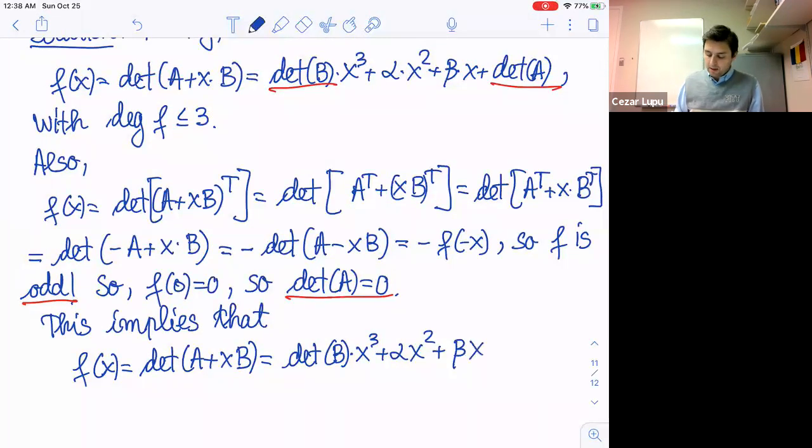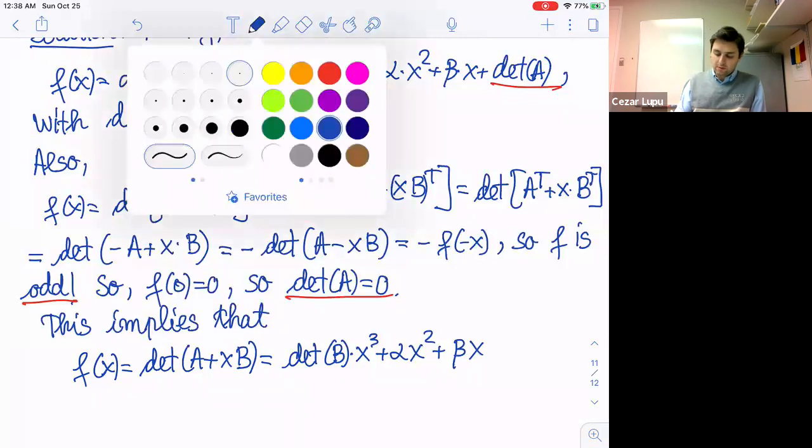But maybe we can get rid of something, because since f is odd, maybe we can rewrite this even better. So this will imply even more. It will imply that this coefficient will just vanish.